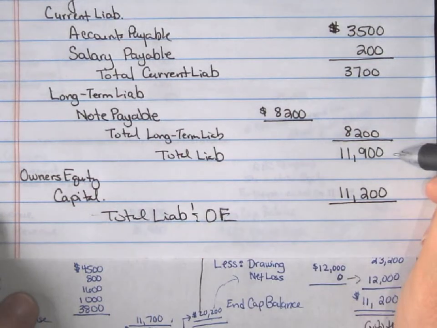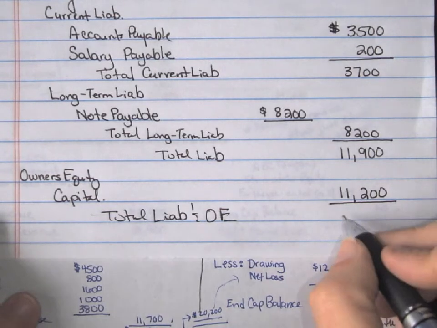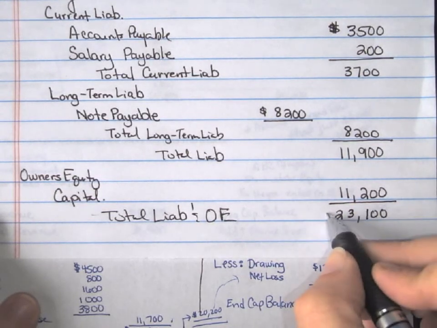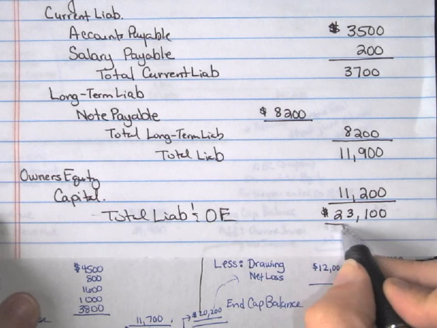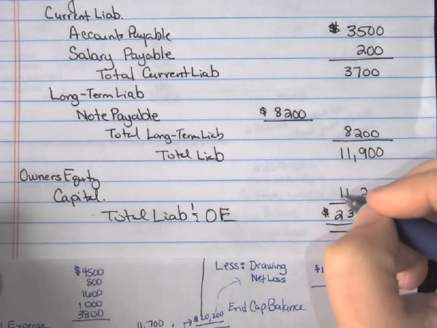So when I finish everything out, I am going to have total liabilities and owner's equity. I'm going to take the total liability, add it to my capital account. When I do that, I'm going to end up with $23,100. I will underline that, double underline that, and put a dollar sign there because I am finishing that statement.